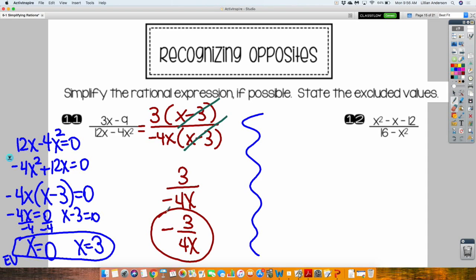How is this? The underlying thing, though, is factoring. You notice. Okay. Let's do this last one. All right. Set the denominator equal to 0.